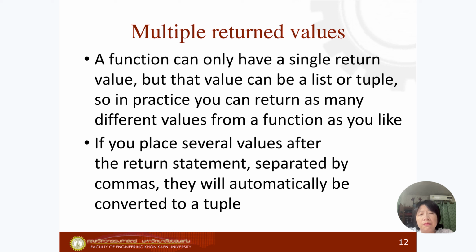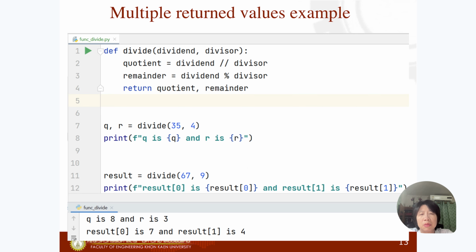So here, if we want to return multiple values, we just place several values after the return statement and separate them by commas. Then this will automatically be converted to a tuple. Okay, let's see the example here. Here, we have a divide function which has two input parameters, dividend and divisor, and we want to return both quotient and remainder.